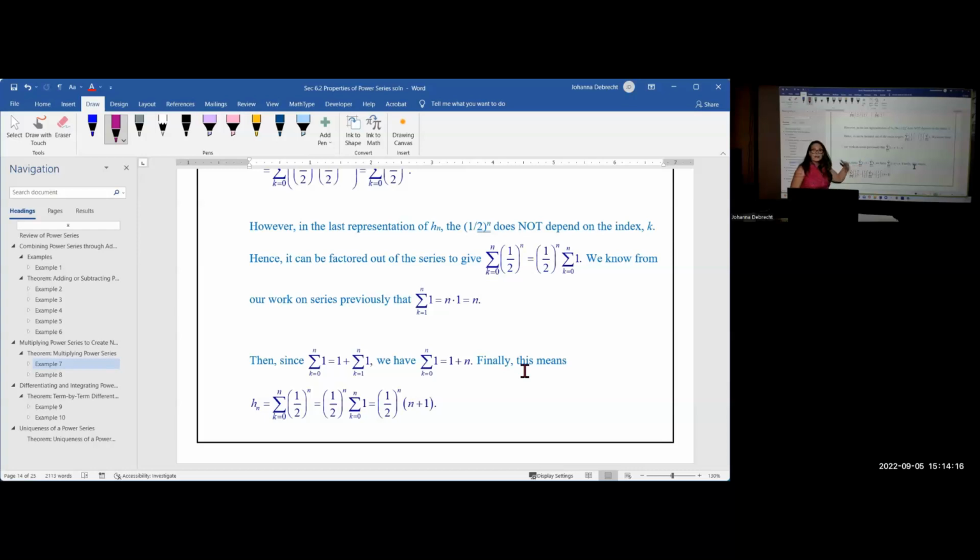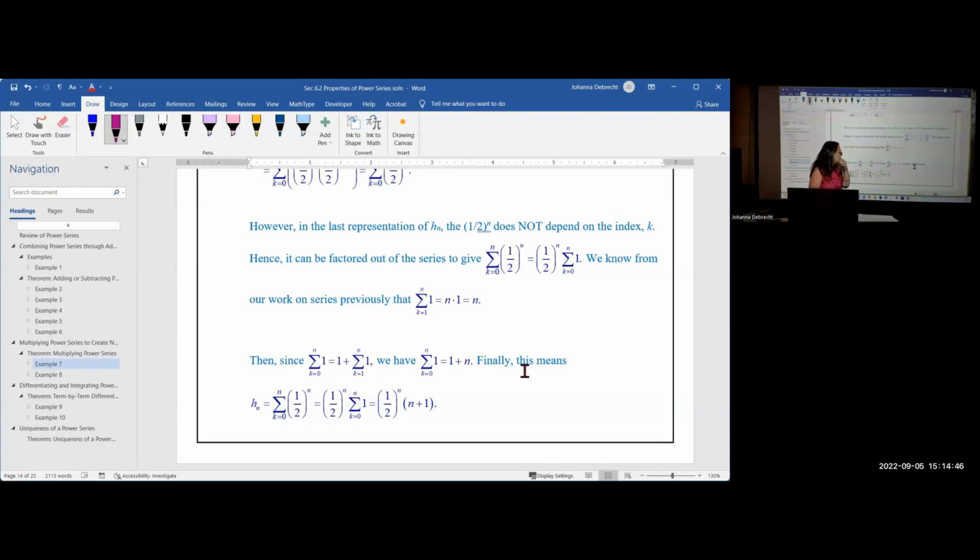That means that when k is 0, it's 1. When k is 1, it's still 1. When k is 2, it's 1. When k is 3, it's 1. It's always 1 until you reach k equal to n. So when k is 0, we get 1 plus the series from k equals 1 to n, which we know has value n. So the series starting at k equals 0 must be 1 plus n.